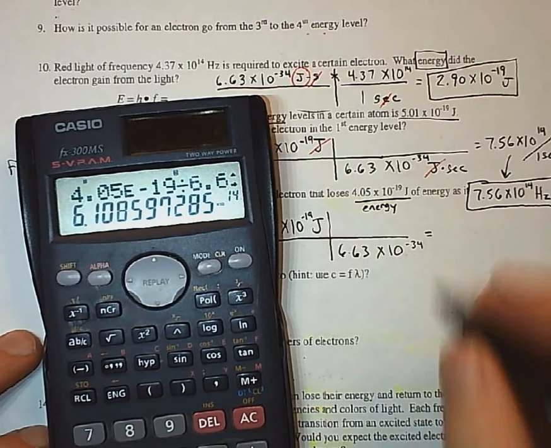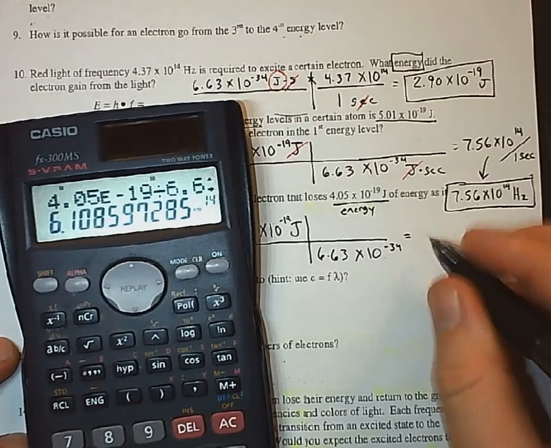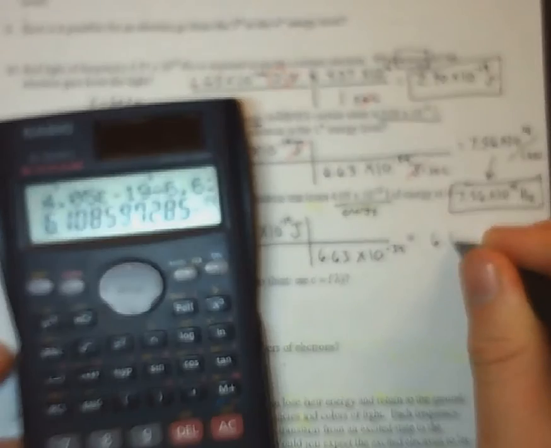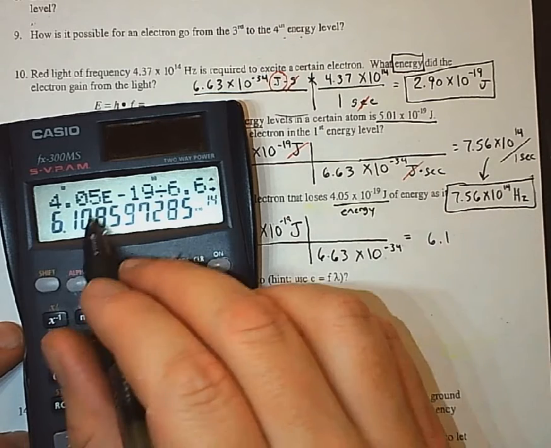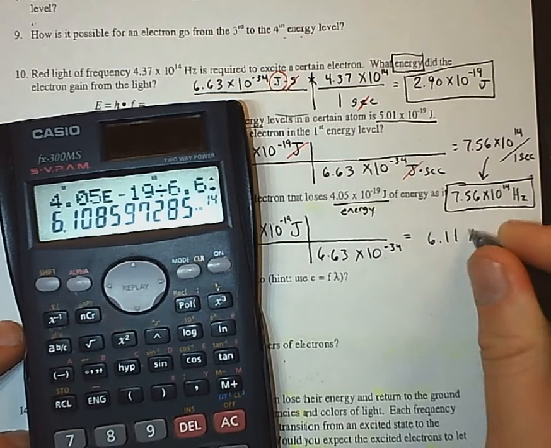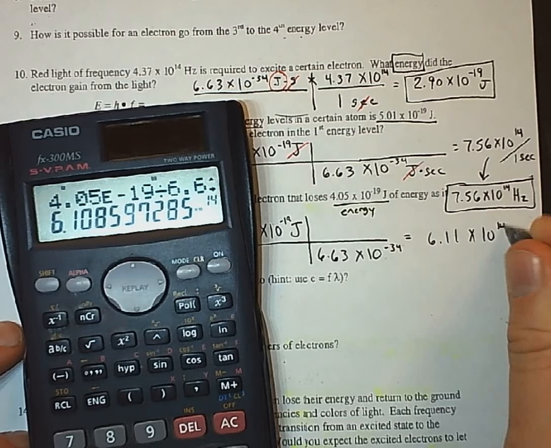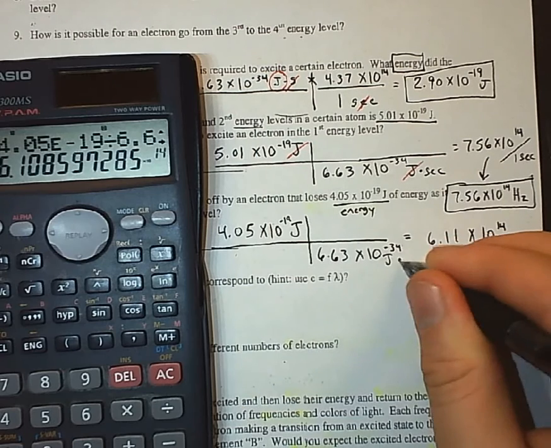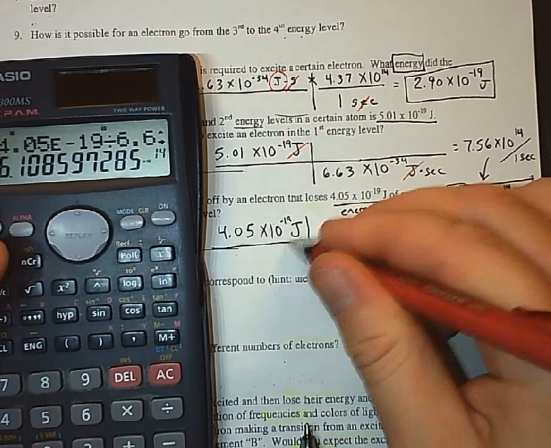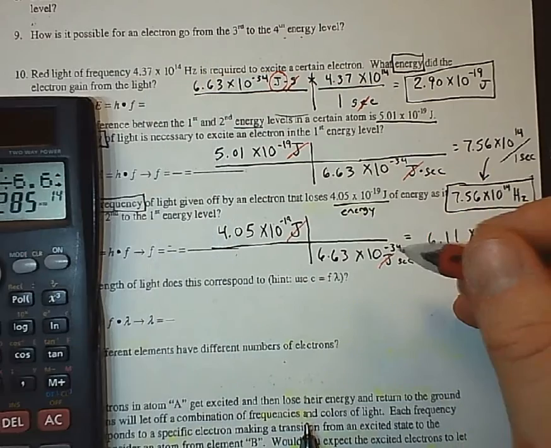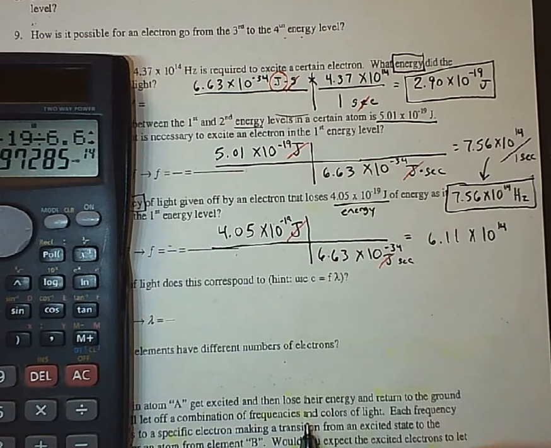We end up getting 6.11, because we're going to round it. 108, so the 8 makes this a 1, times 10 to the 14th. And this is in joule seconds, so our J's cancel out again. And we're looking for frequency. This is in hertz, or 1 per second.